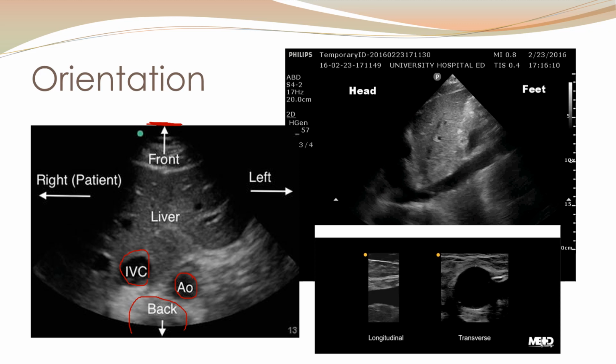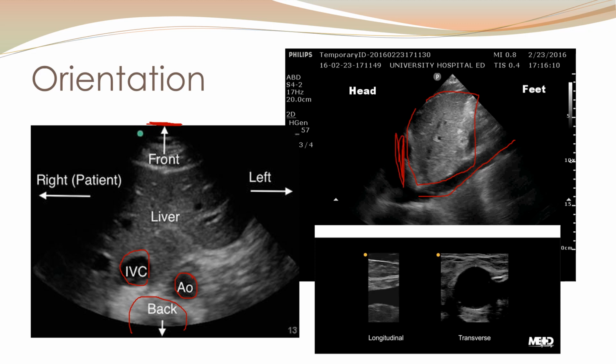Now, if I stayed in the same location and rotated my hand 90 degrees, because we always evaluate everything in planes 90 degrees to one another, I can see now I'm in long. Here's my IVC lengthened out. Here is my liver here. Here is my pericardial space in here.